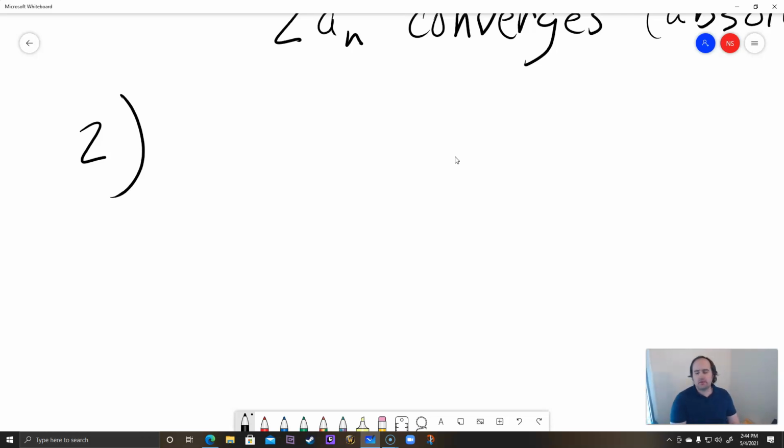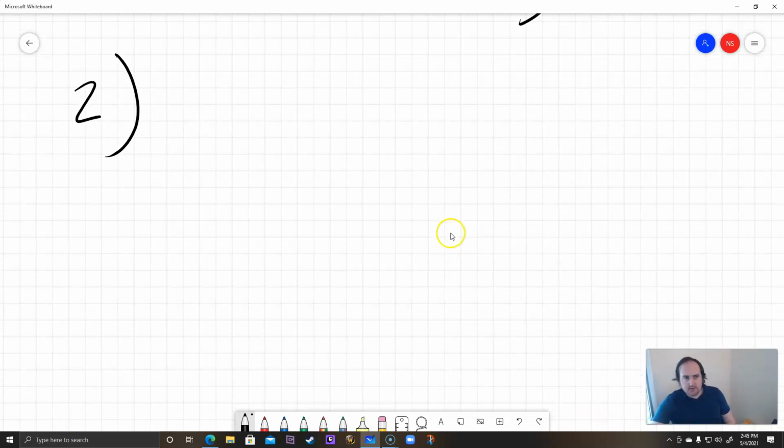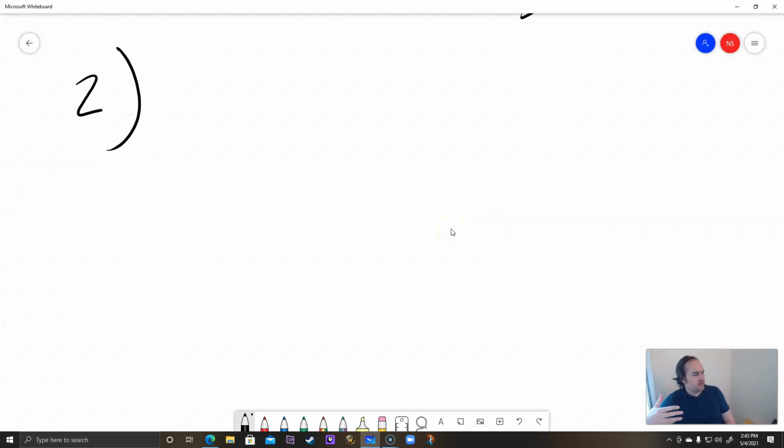So for this next one, we don't actually have a factorial. But the ratio test is what you use generally whenever you have a factorial. Always think of using the ratio test. But this next problem is another example of where you would want to use the ratio test.